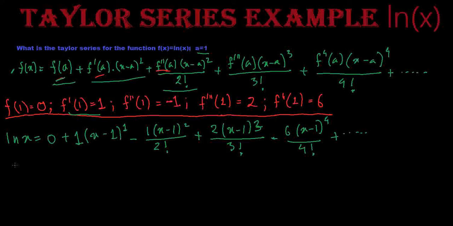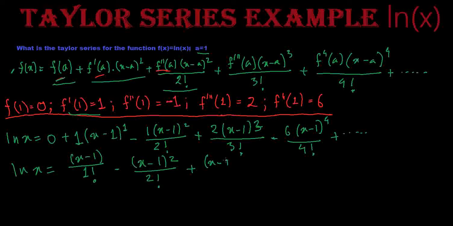Now we can simplify it as ln x equals x minus 1. We can write a 1 factorial here, that's the same thing, minus (x minus 1) squared divided by 2 factorial plus (x minus 1) whole cube divided by 3 factorial, and here is a 2.